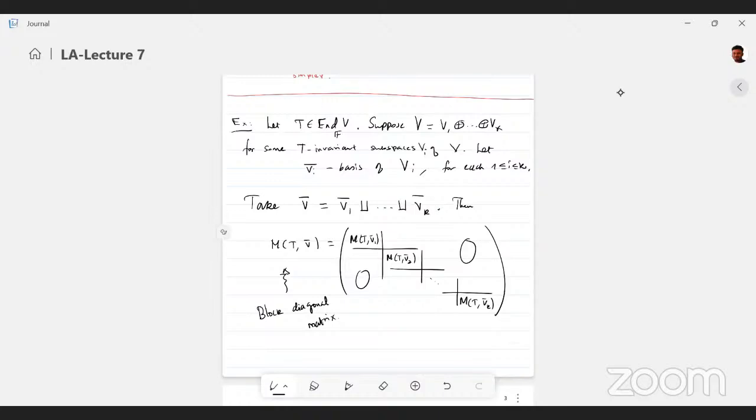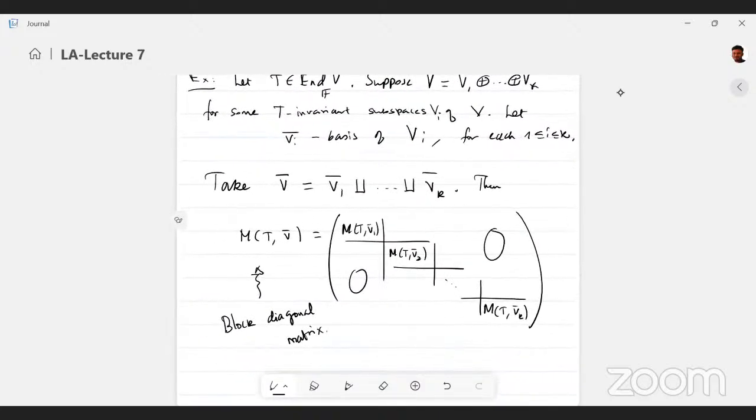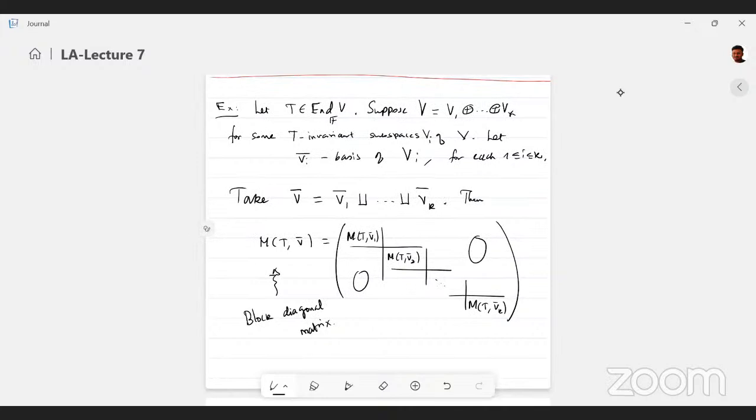So now you can see, once this exercise suggests that we can write V as a direct sum of T-invariant subspaces, then our work is simplified, because we are looking for some simpler form of M of T with respect to some V bar.